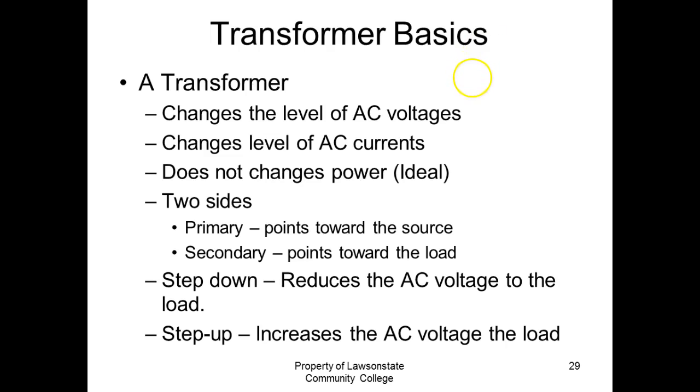Because when we're dealing with power, I is equal to P over V. And transformers don't change power. So power in and power out is the same. So this allows us to change the level of voltages, which is going to do what? It's going to change the level of current.